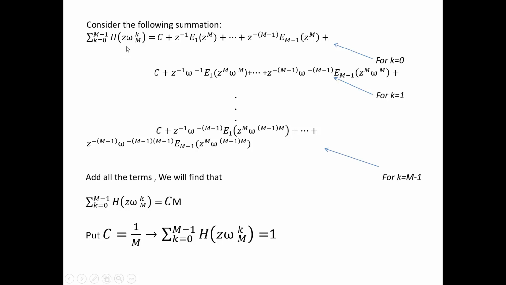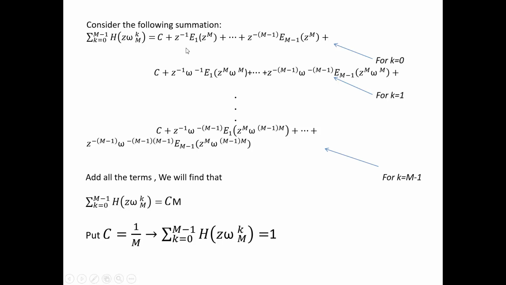If we take the integer multiples of frequencies, translate them, and add these frequencies, that's what this factor represents: sigma k going from 0 to capital M minus 1 of H of z W_M^k.